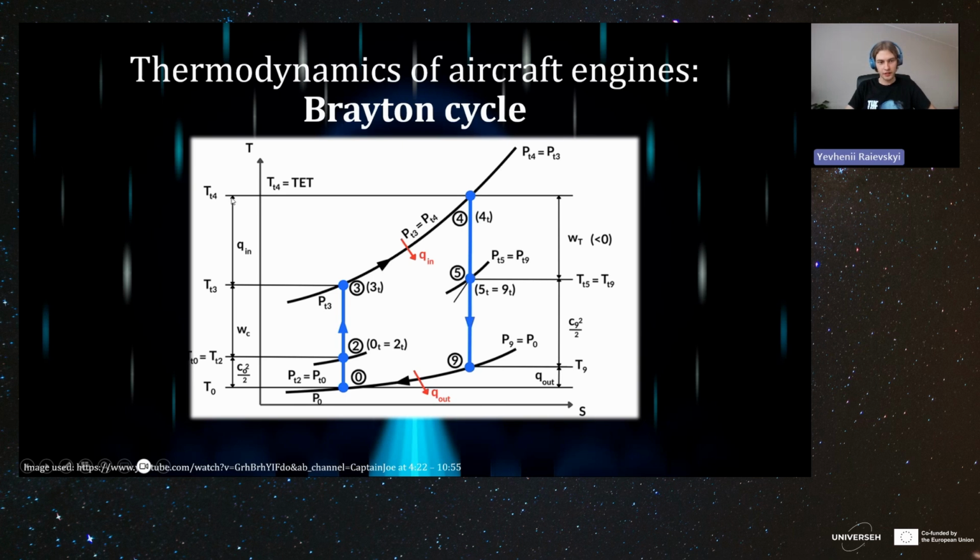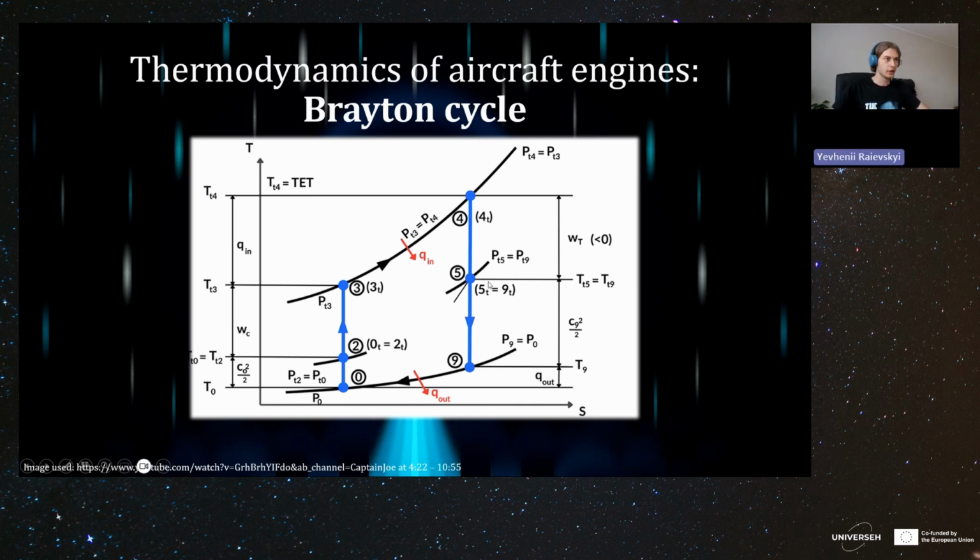This is indicated by temperature going down. And the final stage is the nozzle, and in the nozzle the temperature is also decreased, but the entropy, of course, there's no reaction occurring, so the entropy is constant.